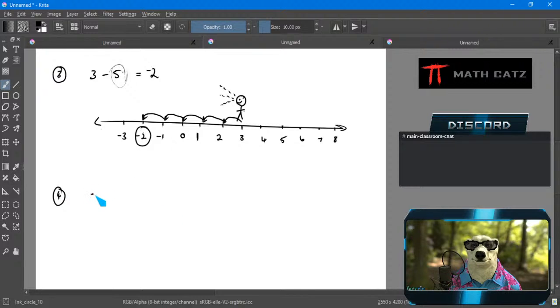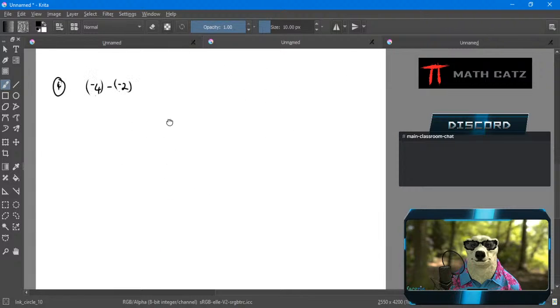Next one, I want to have -4 minus -2. Put brackets there if it helps you. To remind you, that is a single thing representation. Yes, there are a couple of markings in that representation, but that's just an arbitrary choice. It doesn't have to be.